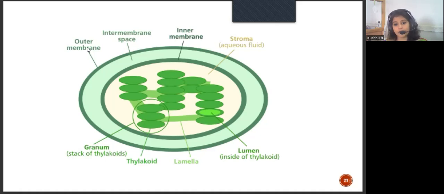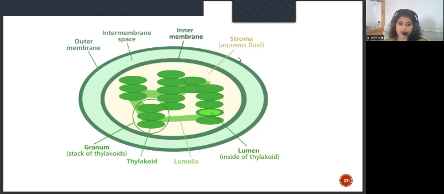Apart from chlorophyll, they also contain certain accessory pigments like carotenoids and xanthophylls. All these are accessory pigments, where chlorophyll is the main pigment. As we discussed, it has the outermost membrane and the inner membrane. Inside the inner membrane is the stroma, and it has a pile of coins arranged in a stack.